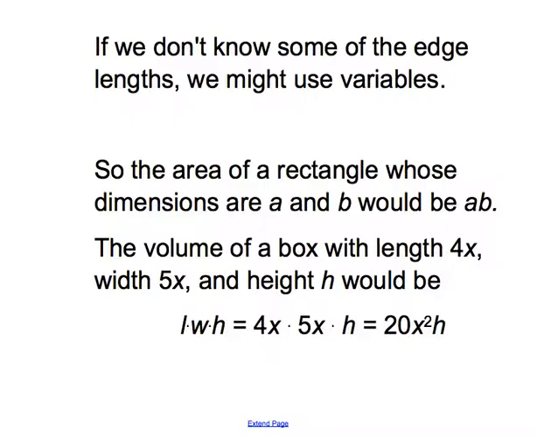The volume of a box with length 4x, width 5x, and height h would be L times W times h. Length was 4x, width was 5x, height is h. 4x times 5x times h is 20x squared times h.